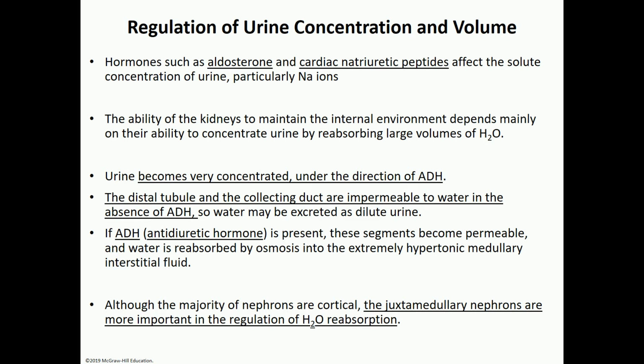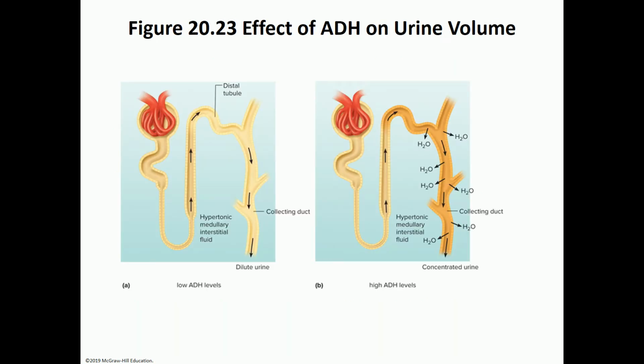So we'll take a look at the effect of ADH on the urine volume. Again, normal circumstances, we've got low levels of ADH, and you can see here, distal tubule and collecting ducts are not permeable to water. We are going to make our normal kind of diluted urine. Let's say we ate a bag of salty chips.